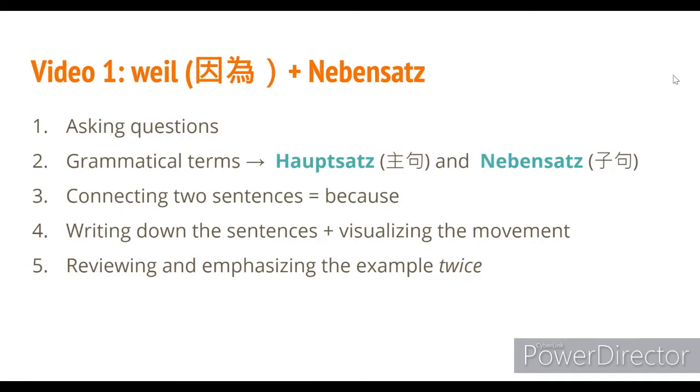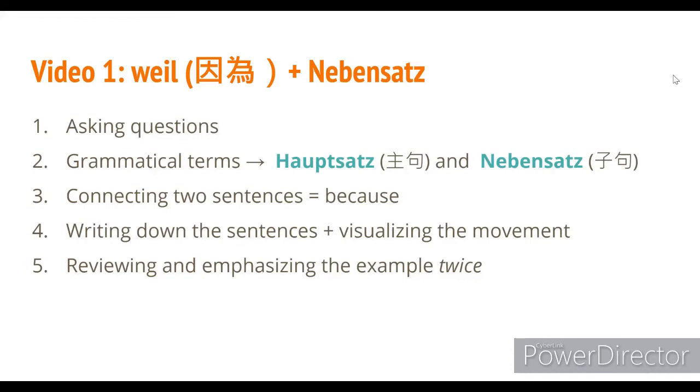Besides, in this video, there are some grammatical terms such as Hauptsatz and Nebensatz. Michael does not only bring up the features of these terms, but also explains them through examples. While explaining the grammar, he also brings out the conceptual knowledge of weil. It's a conjunction.